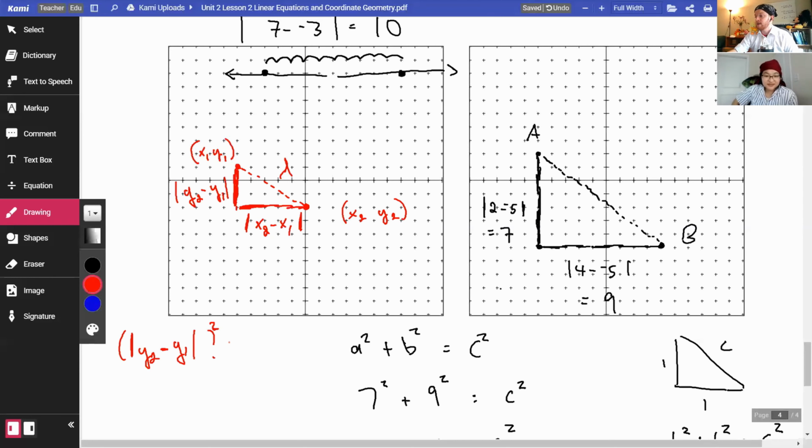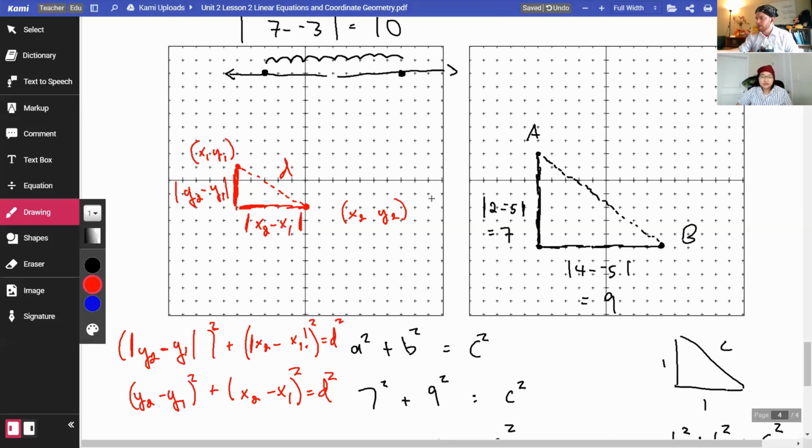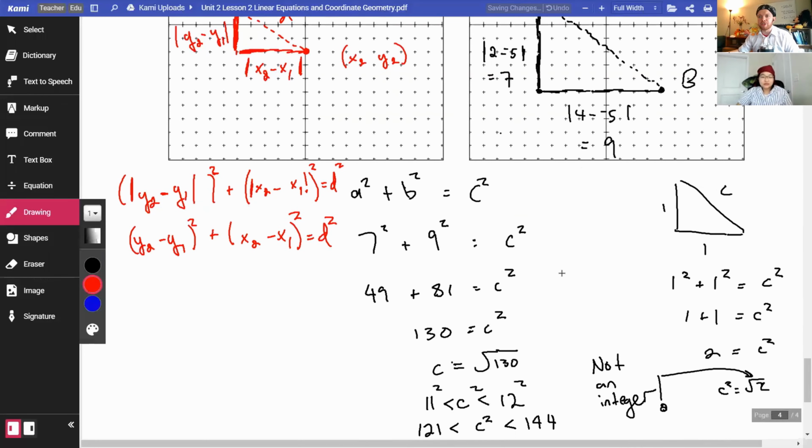Then we square this one, and that becomes our distance squared, Pythagoras. Can you tell me why we do not need those absolute values? Because whenever we square real values, we always have a non-negative value. Yes. Let's scroll down and derive the distance formula.